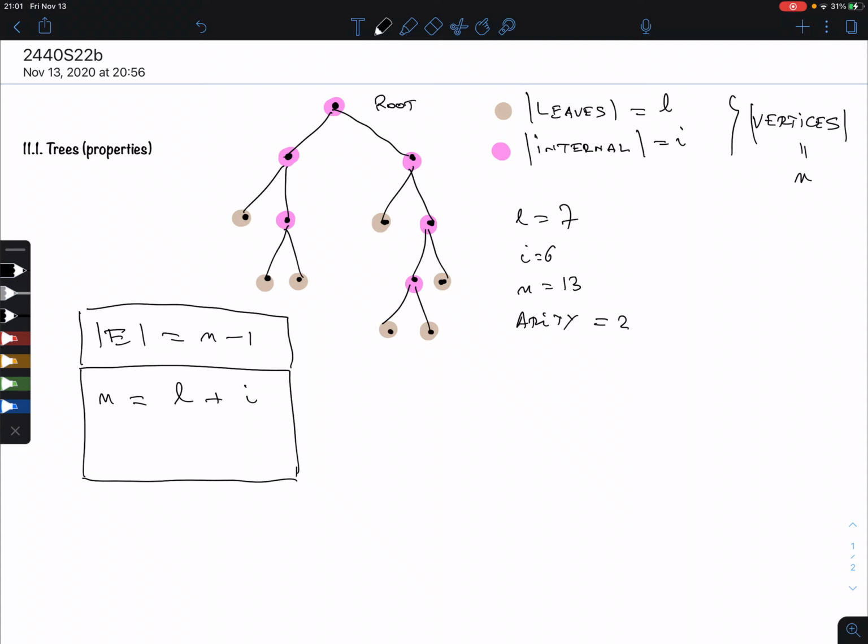Now, here's an example where I modify the tree slightly. I'll return back to this tree, but I want to just show you. Perhaps I should keep the levels, right? This is also a tree of arity 2. But there's something special here.